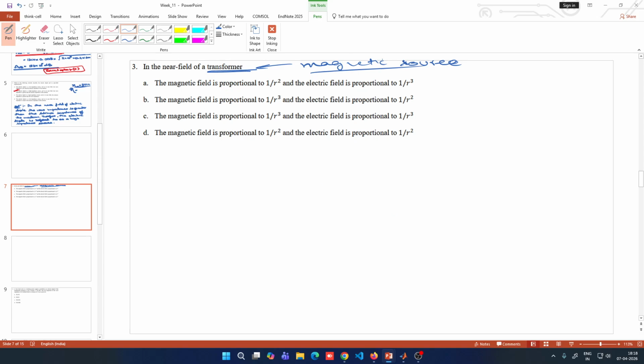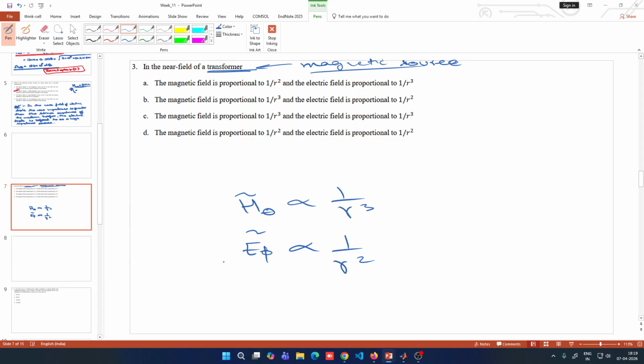It is asking about a transformer, which we know is a magnetic source. We have seen that H theta and E phi: the magnetic field is proportional to 1 by r cube and the electric field is proportional to 1 by r square. We have seen this in the lectures.